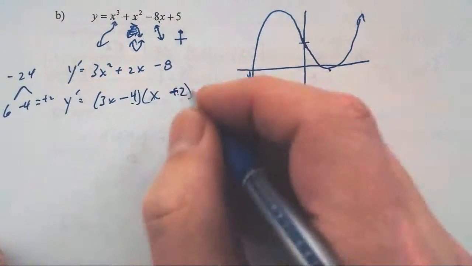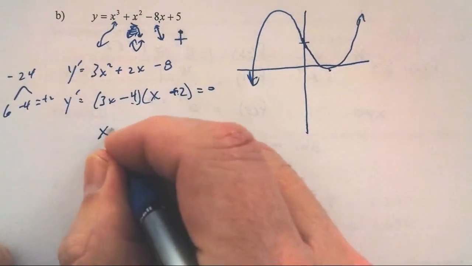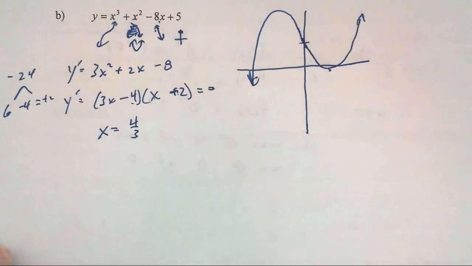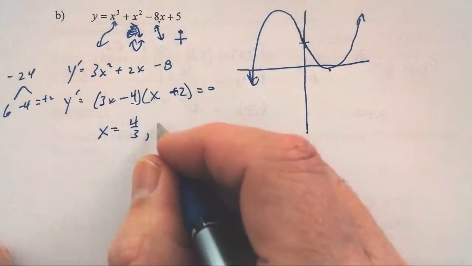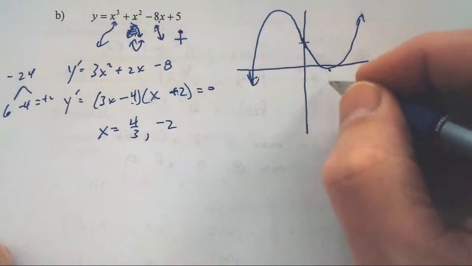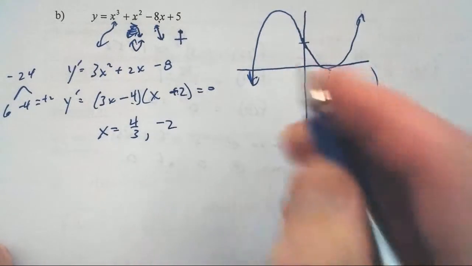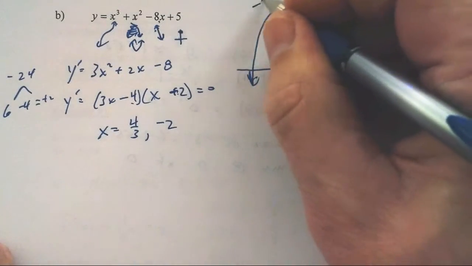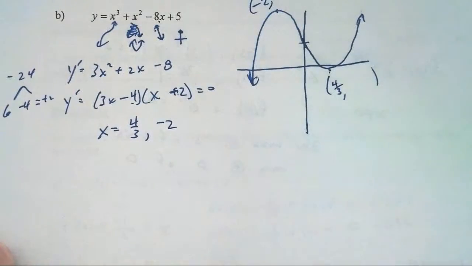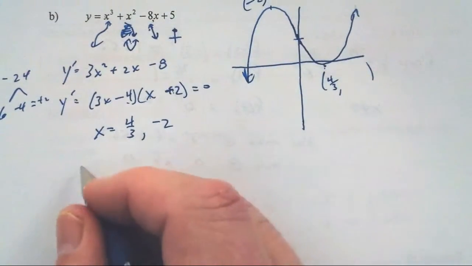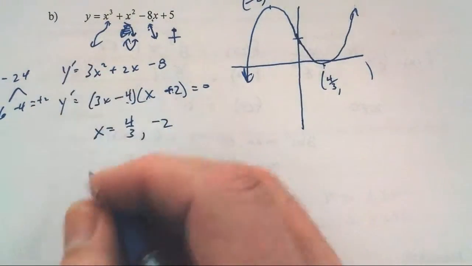You can check it. We want that to be 0, and that gives me x equals 4/3, or x equals negative 2. So this point is 4/3 something. I don't know what. I don't even know if it's negative. And this point is negative 2 something. And what is left for us to do is find y of negative 2.